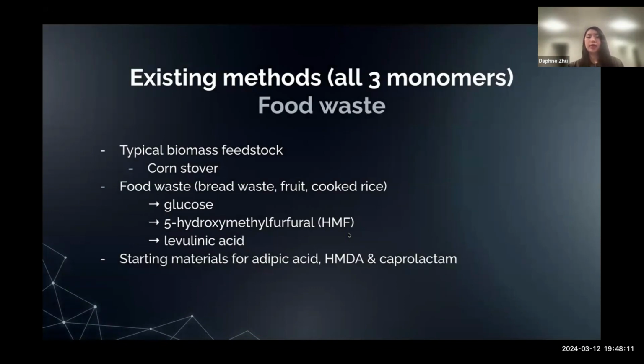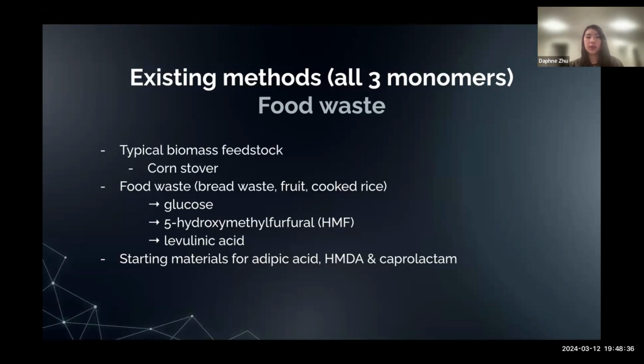And another source of materials that's applicable for all of these three monomers that we're focusing on, adipic acid, HMDA, and caprolactam, is food waste, or more generally biomass. Typical biomass feedstock includes corn stover, which is like the leftover parts of corn after the harvest.